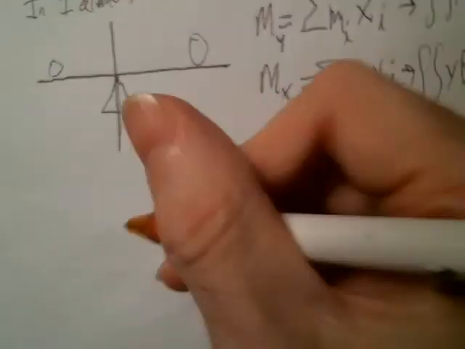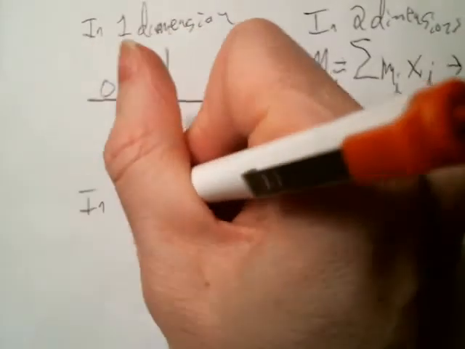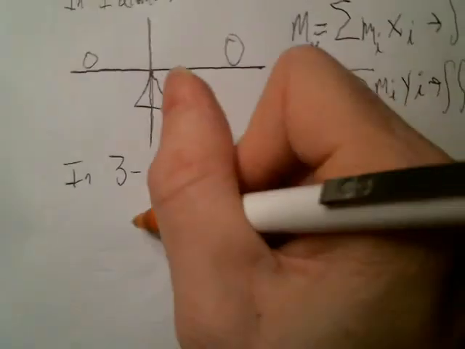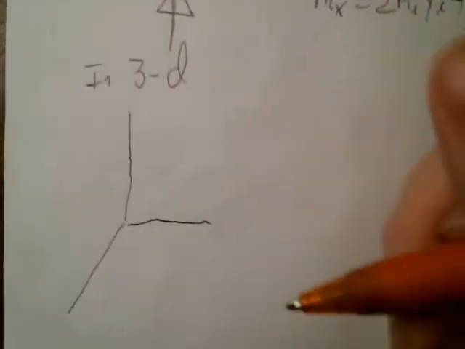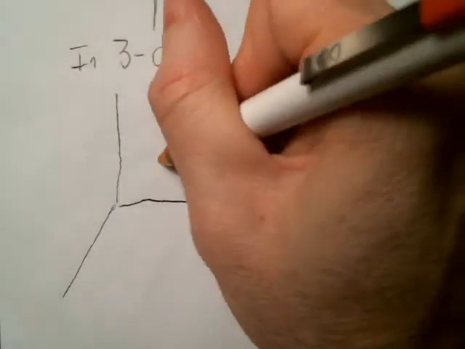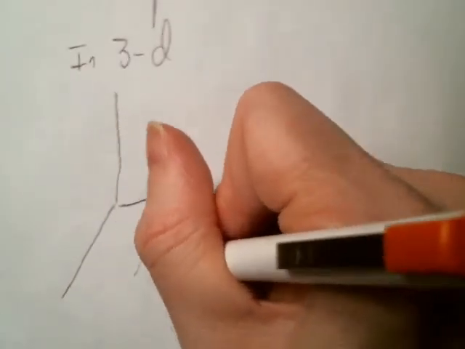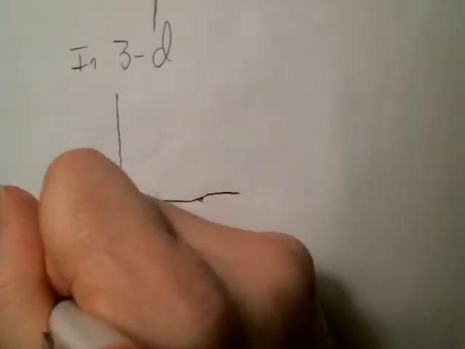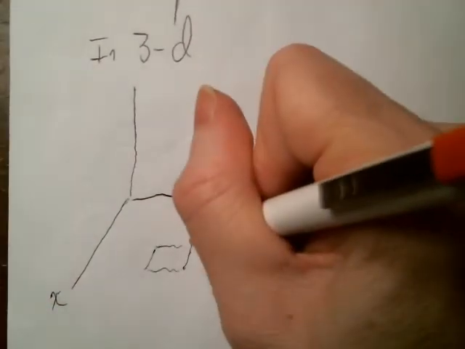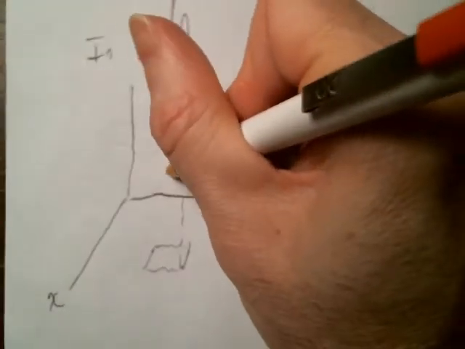For our new formulas now in 3 dimensions, what you're after is distances away from planes. So in particular, let's say I have this floating cube. I'll project it into the xy plane here.